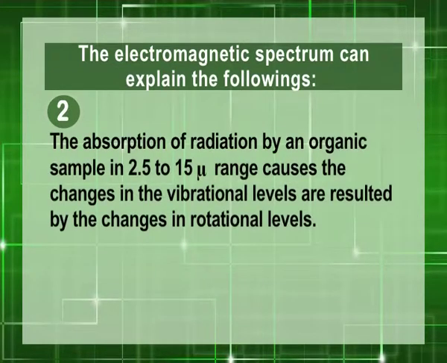The absorption of radiation by an organic sample in the 2.5 to 15 micron range causes changes in the vibrational levels or changes in the rotational levels. Thus, certain bands appear which characteristically absorb for the stretching vibrations and are very useful in structure determination.